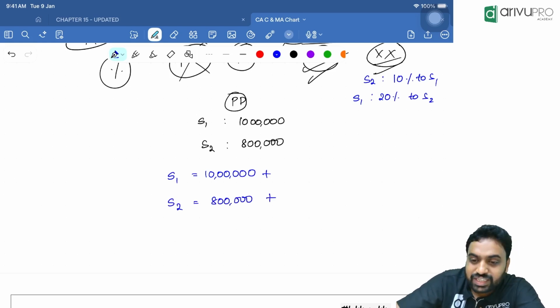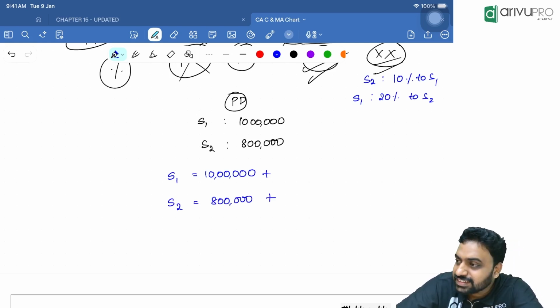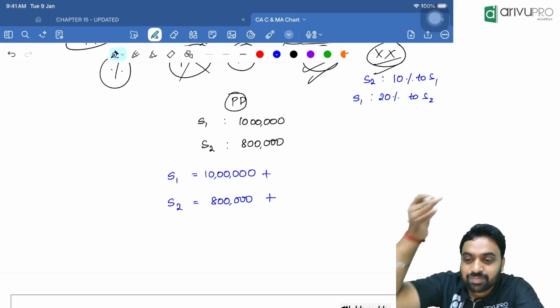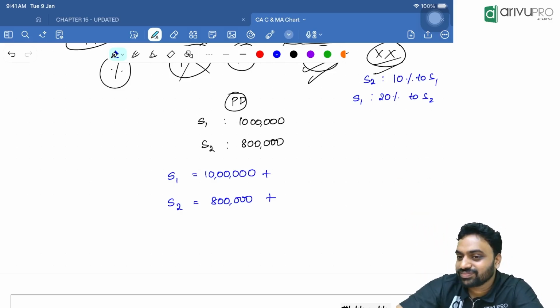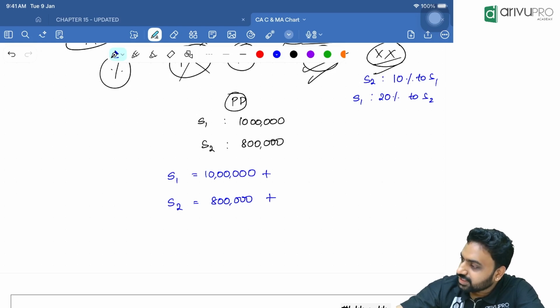It is 8 lakh plus 20% of S1, where S1 is not 10 lakh but 10 lakh plus something. So we take 0.2 S1, and there will be some S1 and S2.